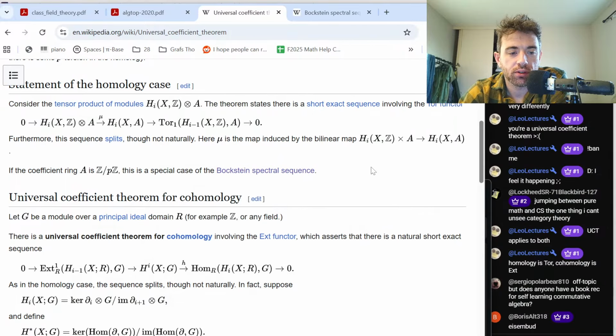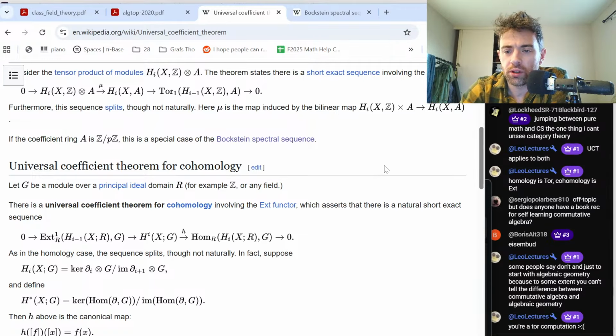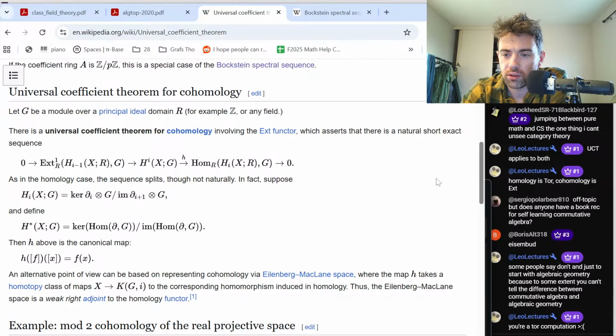Oh, so we're technically using a spectral sequence argument inside a spectral sequence argument. Homology is Tor. Oh, cohomology is Ext. It becomes Ext. I see. And there's the article about it here.